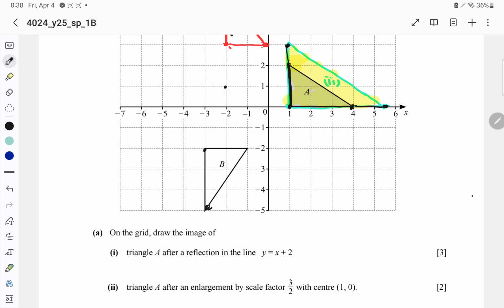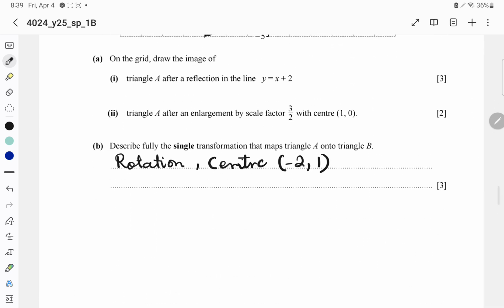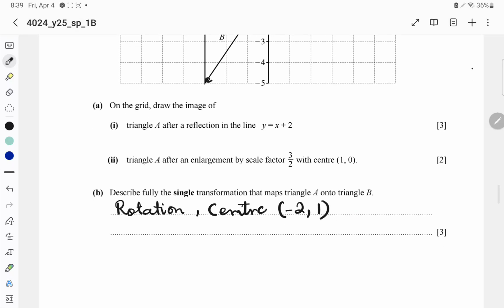Obviously in the diagram, if I join, to see how much angle it is, these two are the corresponding points and it's making 90 degrees clockwise. So 90 degrees, you can check the other points as well. 90 degree clockwise rotation.